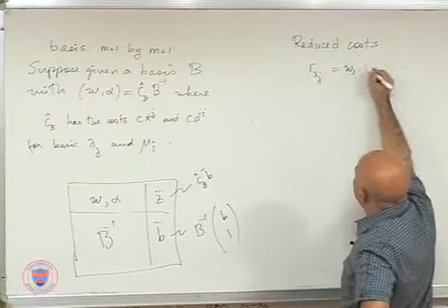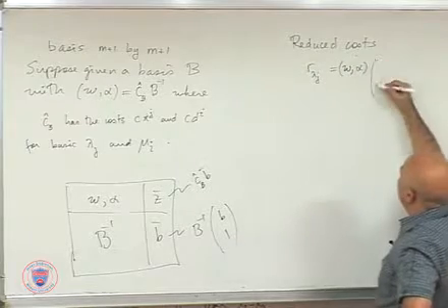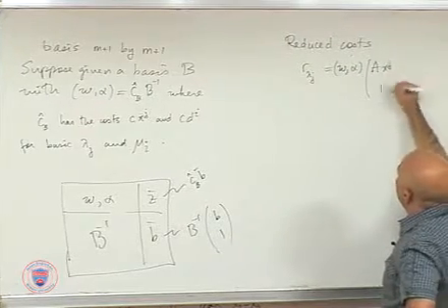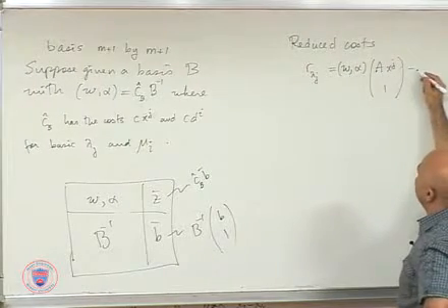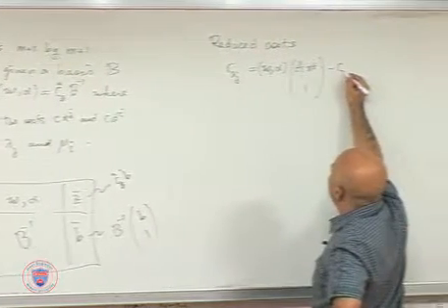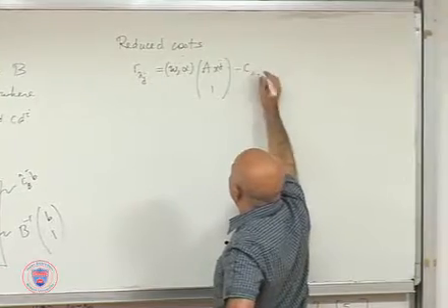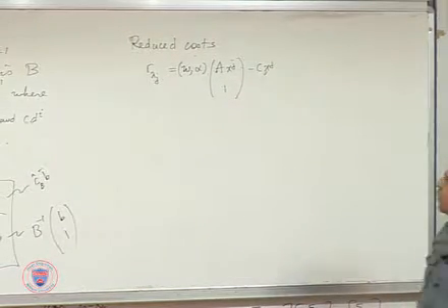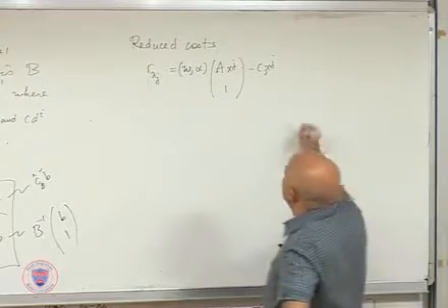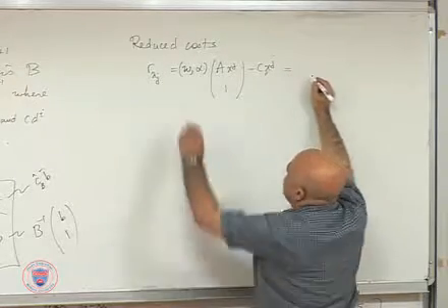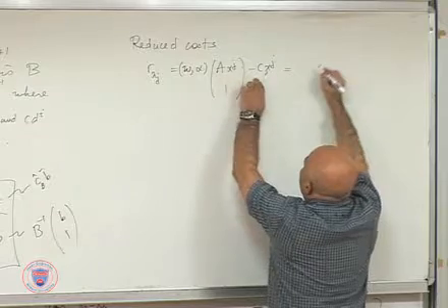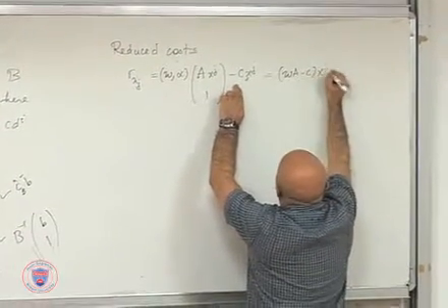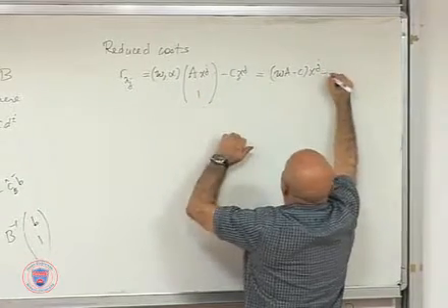It has w alpha times the column a xj, 1, minus cj, which is c times xj. Okay, that's your reduced cost for lambda j, which simplifies to w a xj minus c xj plus alpha.